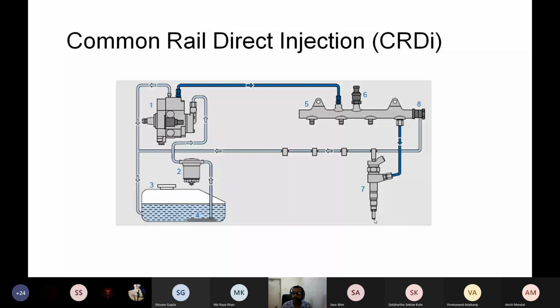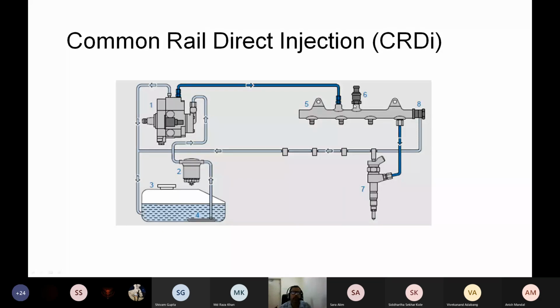Therefore, I told you that sometimes in an engine you may find three fuel injections taking place, or sometimes 5 fuel injections in one cycle. It all depends upon the optimization, the capability of the hardware and the response time.